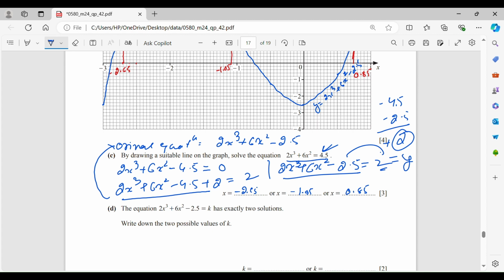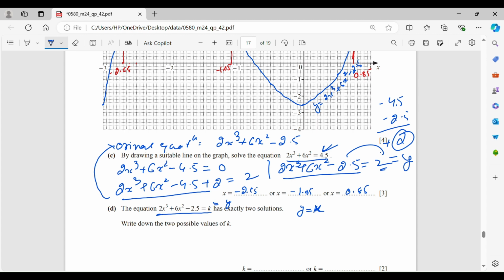Next part: the equation has exactly two solutions. Write down the two possible values of k. What is this equation? This is equal to y. That means y will be equal to k, where k gives only two solutions.